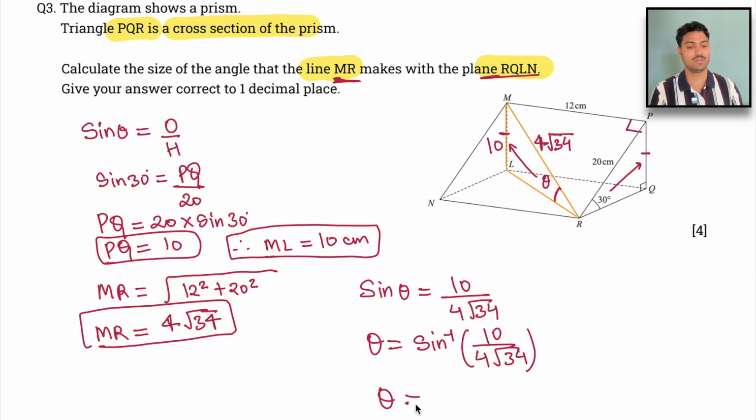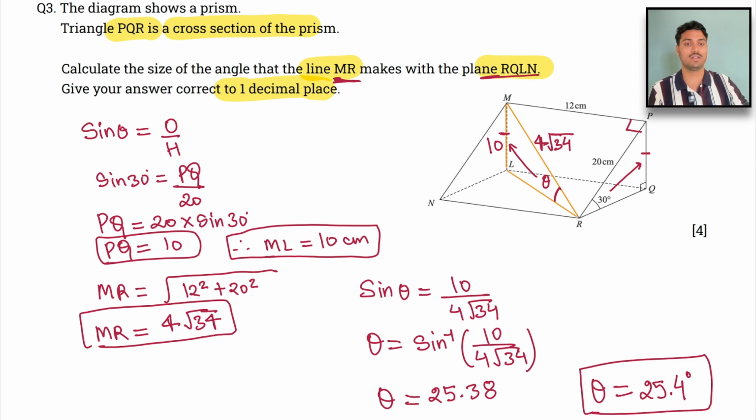Let's check: sine inverse, 10 divided by 4 root 34, bracket close, and the answer is 25.38, but it says write correct up to one decimal place, so 25.38 will be written as 25.4 degrees, and that's the final answer.